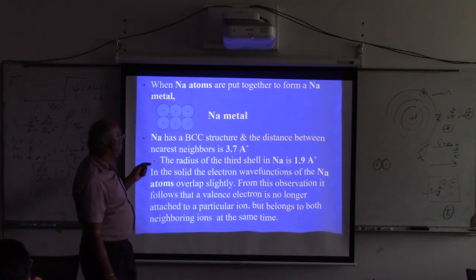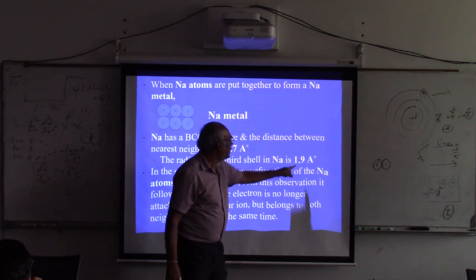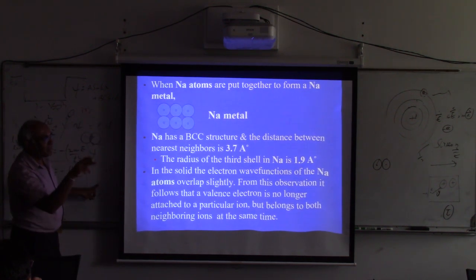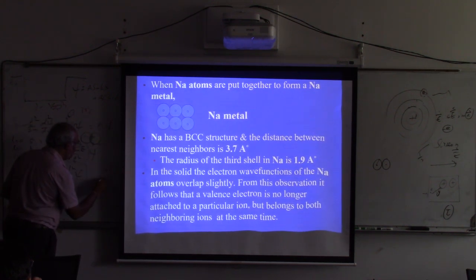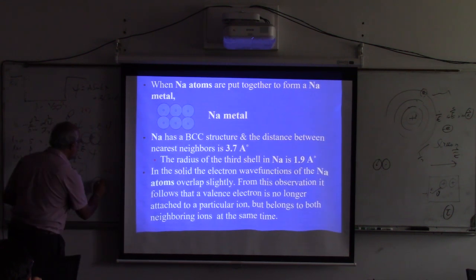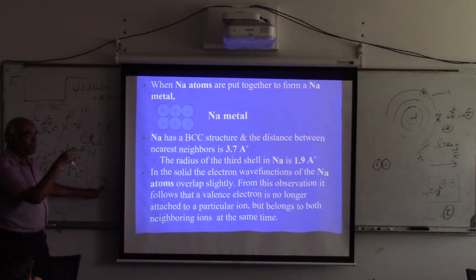Now if you look at the radius of the 3s electron, if you measure that, it is actually 1.9.